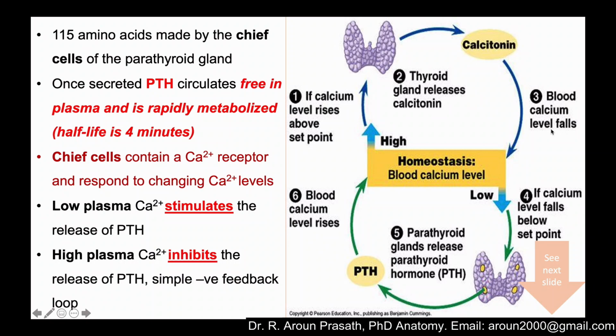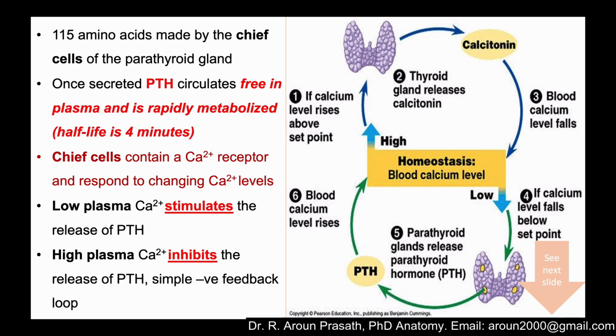Hypercalcemia is dangerous, and hypocalcemia is also dangerous, which are increased and decreased levels of calcium in the blood. So when the blood calcium level comes down, the parathyroid gland releases the parathormone that takes the calcium from the bone and increases the calcium level. So this is the homeostatic balance between the thyroid and the parathyroid gland. This is what you have to understand.